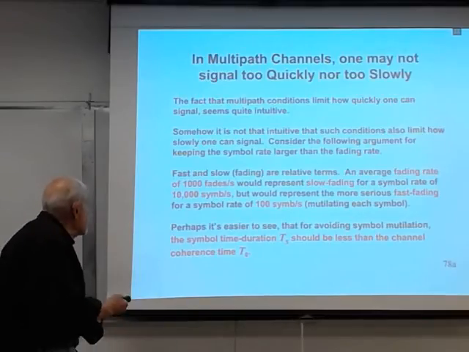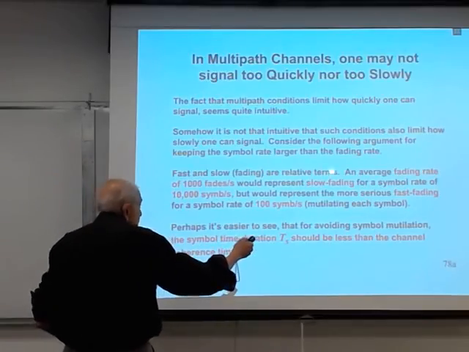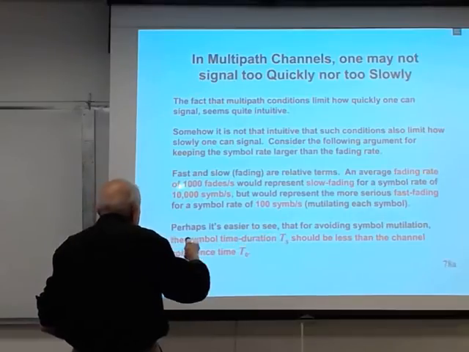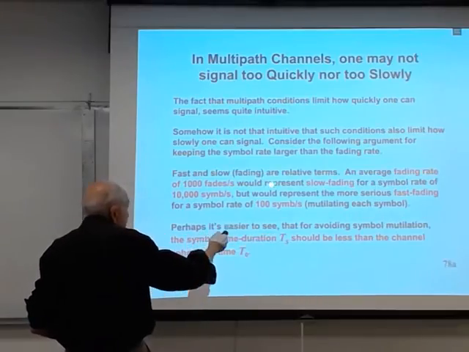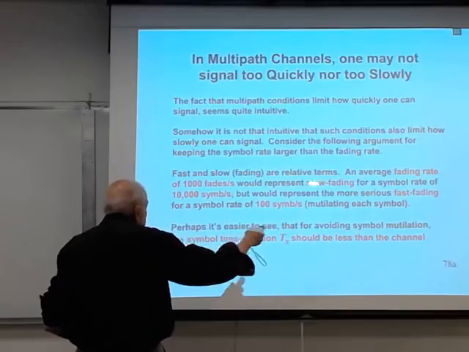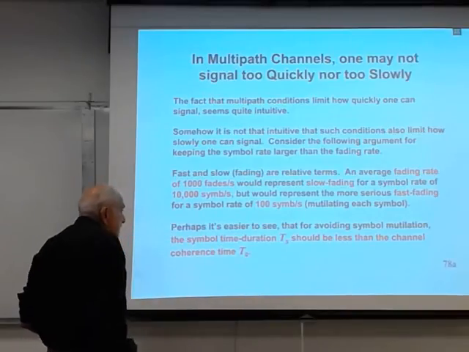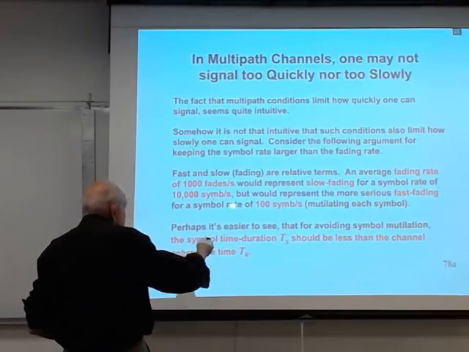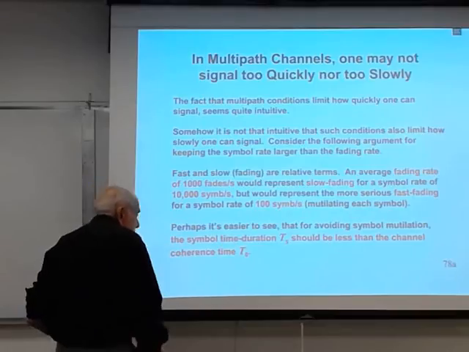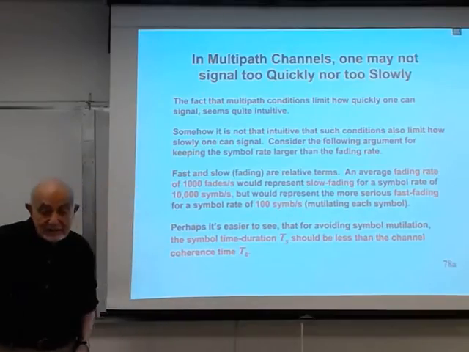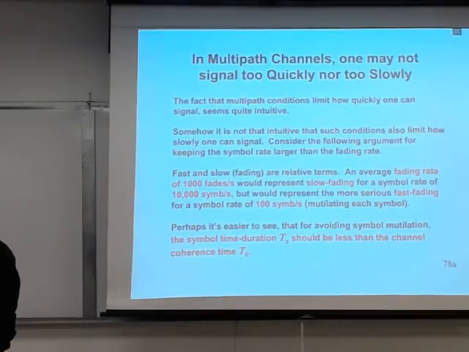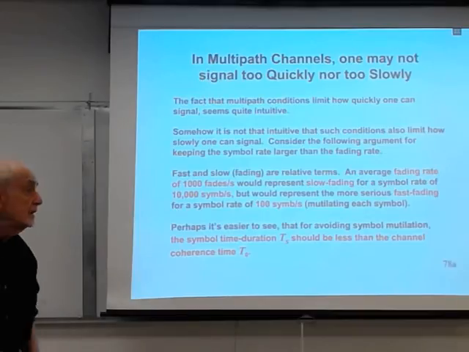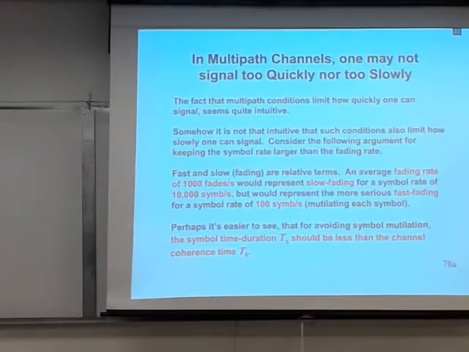And again, everything is relative. Fast and slow are relative terms. An average fading rate of 1,000 fades per second would represent slow fading for a symbol rate of 10,000 symbols per second, but it's a more serious fast fading for 100 symbols per second. By the way, that reminds me of an anecdote about where fast fading was first observed.